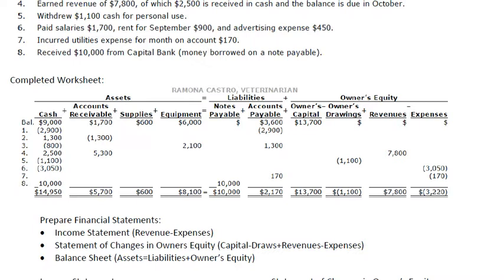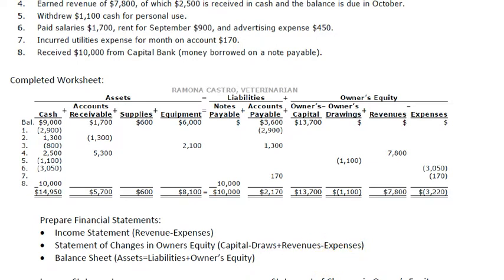So put this screencast on pause and make for me an income statement, which is revenues minus expenses. I'm giving you a hint right now. And the statement of changes in owner's equity, which is the capital account minus draws plus net income, which would be the sum of those two, revenues minus expenses.